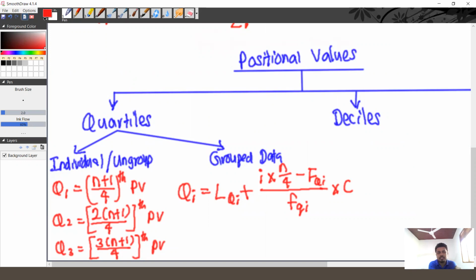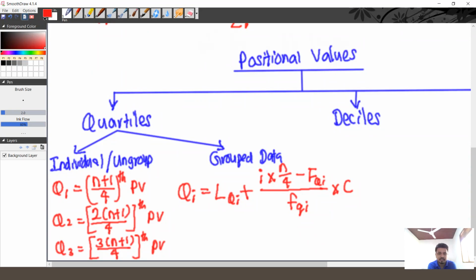Right? How to find the quartile values of a group data set. Here, if you need to get the Q3 value, you need to consider LQ3 plus, instead of i, you need to apply 3. i තියෙන තැන් වෙනුවට 3 apply කරන්න තියෙනවා. Q2 නම් හොයන්නේ i තියෙන තැන් වෙනුවට 2 apply කරන්න. Q1 නම් instead of i, you can use 1.